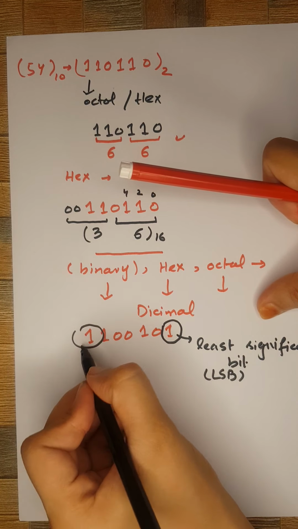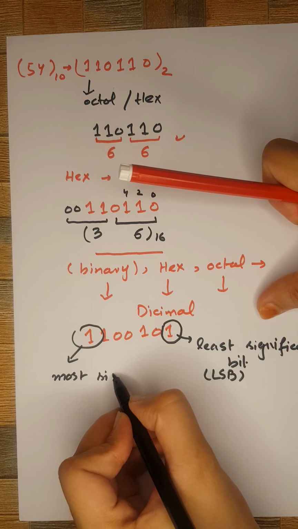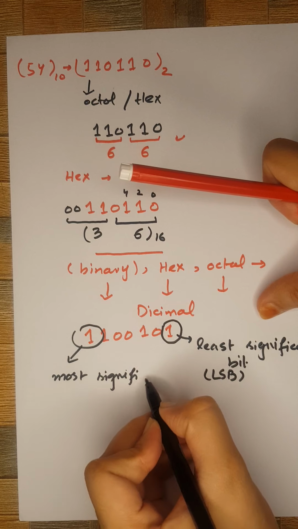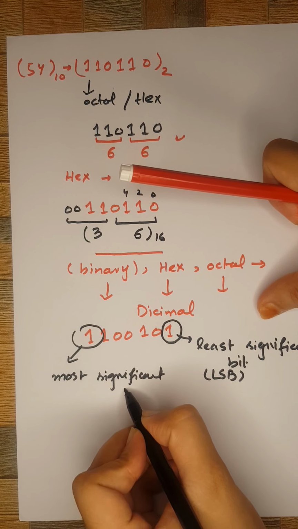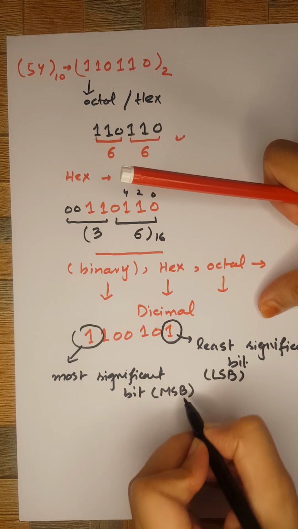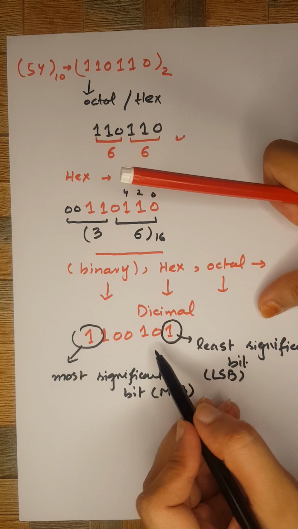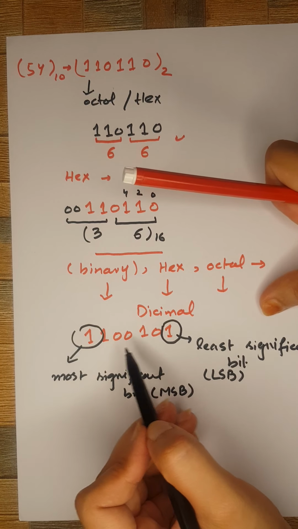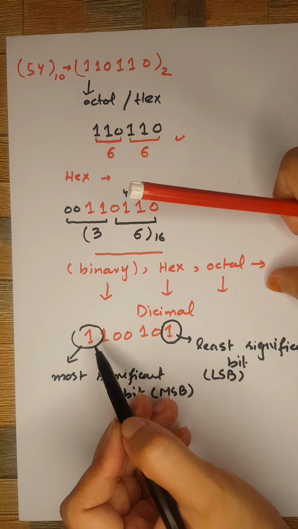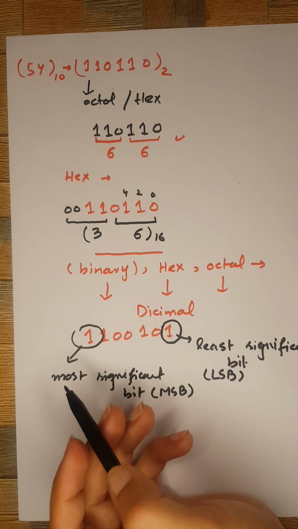Similarly, this is called the most significant bit, or in other words MSB. As you will see, it has the lowest weight in the binary combination, and the MSB has the highest weight as compared to the rest of the bits. That's why we call them LSB and MSB respectively.